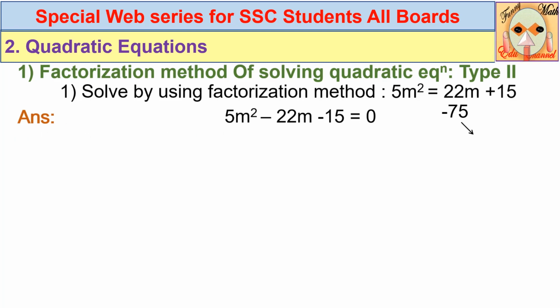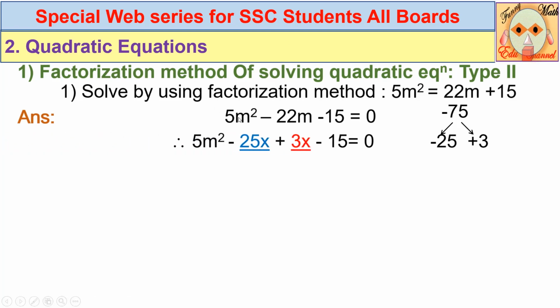So we are going to choose the two factors, minus 25 and plus 3. Why minus 25? Because minus 22 we require as the coefficient of the middle term. So we get minus 25 plus 3, that is minus 22, and the product of plus and minus you get minus 75.